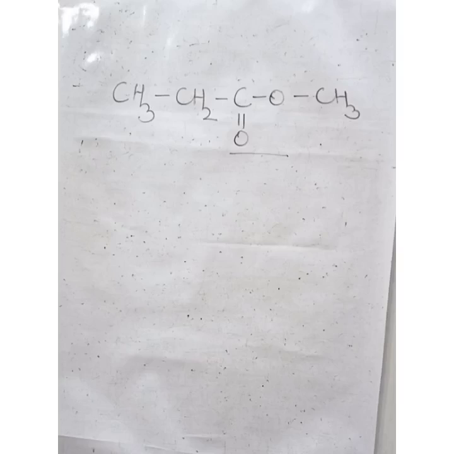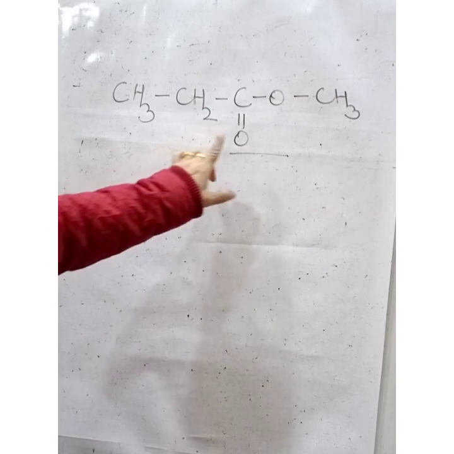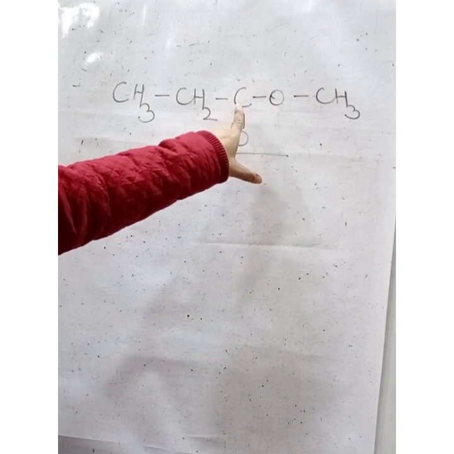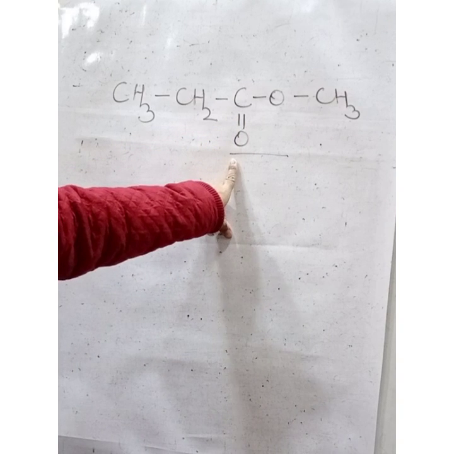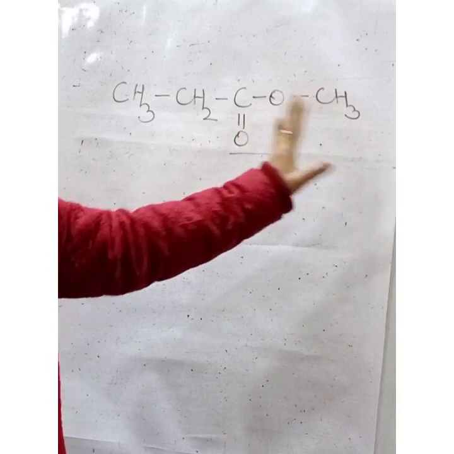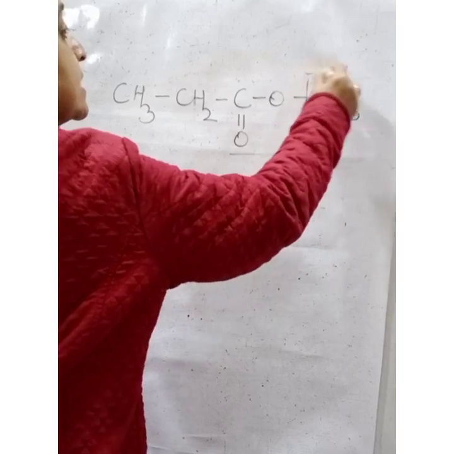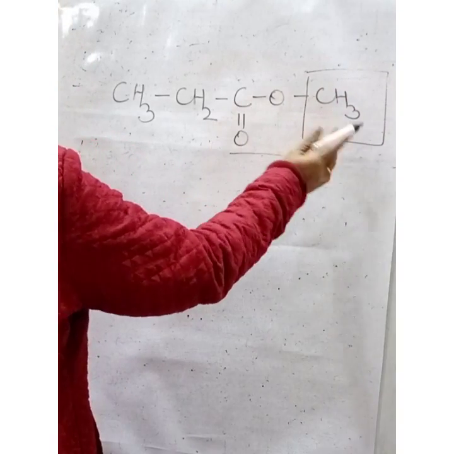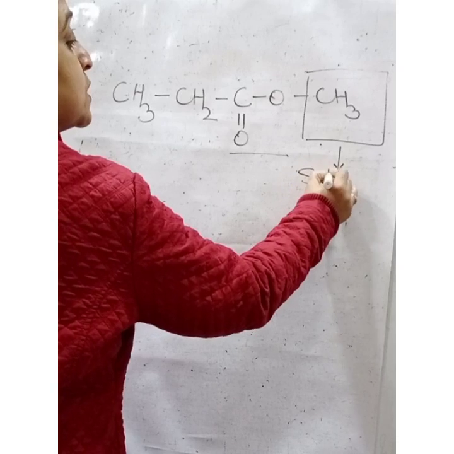Consider this example. Here the functional group present is ester. Now the naming of organic compounds containing ester is done in a different way. First of all, consider the right hand side of the ester. The group which is present on the right hand side of the functional group is considered as a substituent.